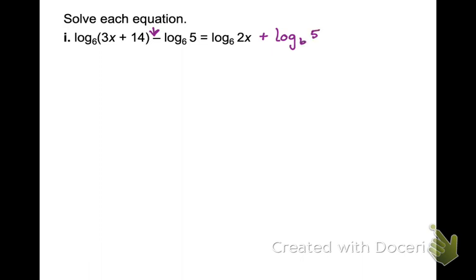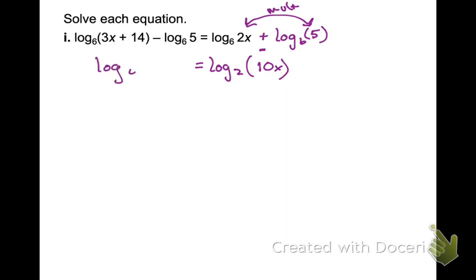Now what? 2x equals 5. No. What does the plus mean? Multiply. So log base 6 of 2x times 5. Can I just write 10x? Yeah. Okay, so 10x equals log base 6 of 3x plus 14.